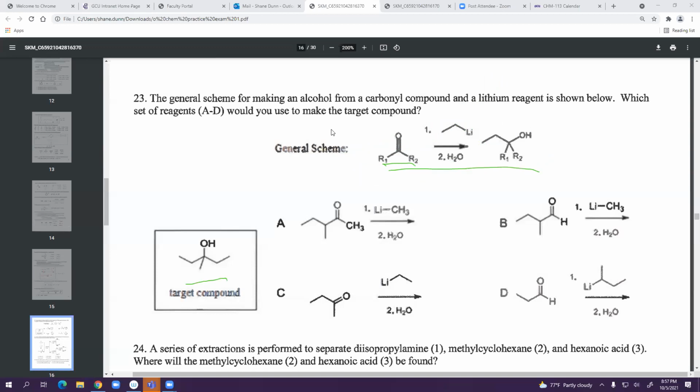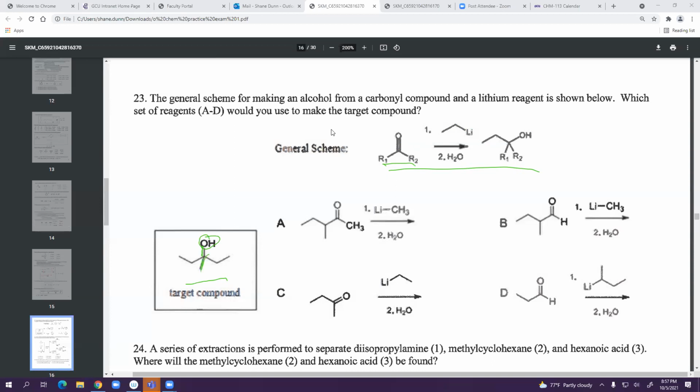Here's my target compound. How do I get that with a reaction? Let's look. My alcohol group's right here, so that means I have to have a carbon that has a double bond to oxygen right there, correct? What's right below it?